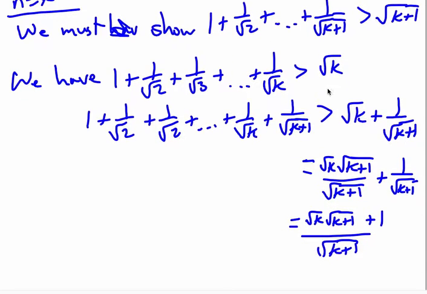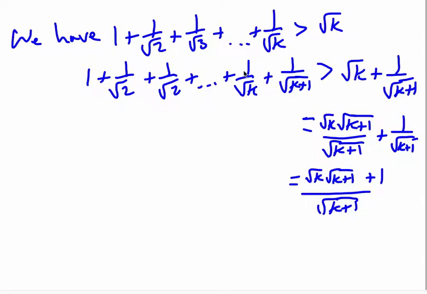Because of this inequality, we have the right-hand side is less than the left-hand side. We can make this quantity on the left smaller if we want to, and the inequality still holds. So I can make this smaller by removing that 1 and just saying root k plus 1 over root k plus 1.